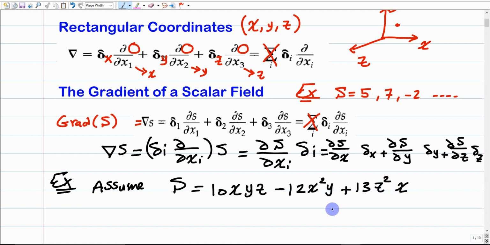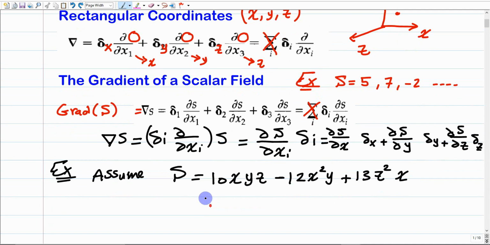Let us assume that we have this scalar field. Again, it is just a function of x, y, and z, the three coordinates, or the three variables, that we already have in this main variable, which is the scalar field itself.